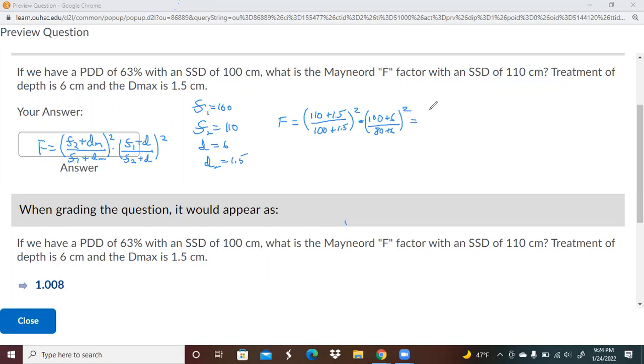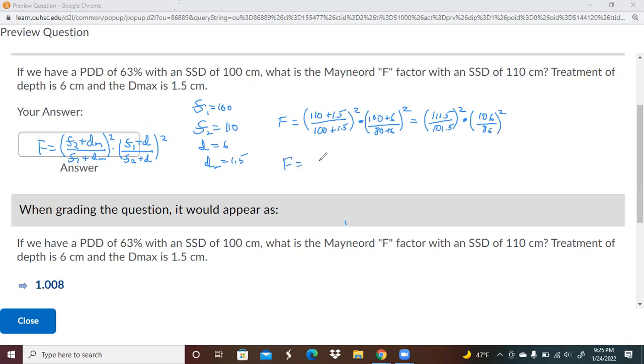So that ends up equaling 110 plus 1.5 is 111.5. On the bottom is 101.5. All of that gets squared, multiplied by 106 over 86 squared.